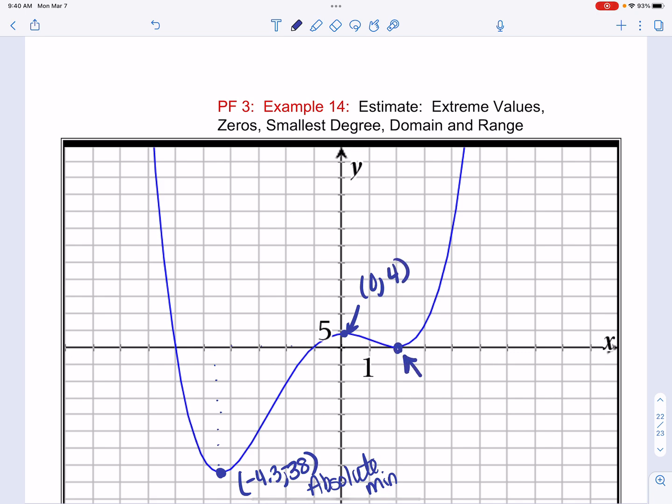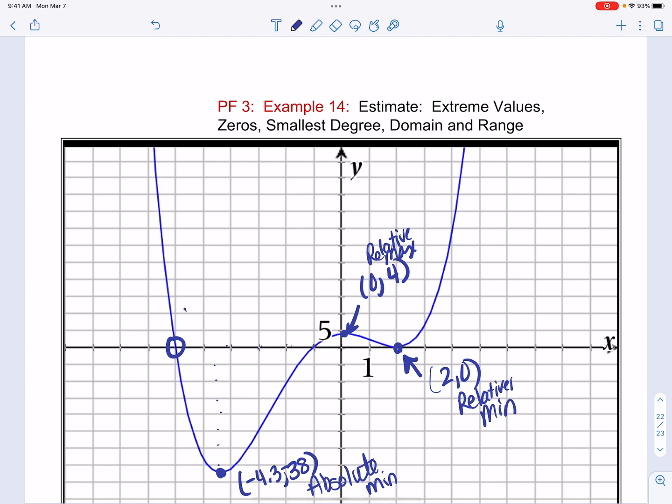And then I have a point right there that is a relative max. I'm going to have to label these. This at 2, 0 is a relative min. Okay, and then for the smallest degree, my zeros would be 1, 2, 3.